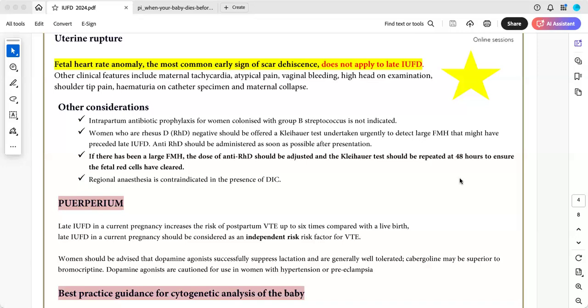If a large fetal-maternal hemorrhage is detected, you will repeat the test at 48 hours to ensure the fetal red cells have cleared. Okay, friends, so when to repeat the Kleihauer-Betke test can be a possible exam question, right?